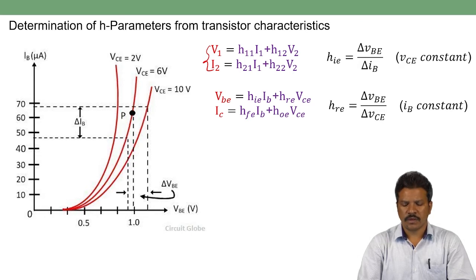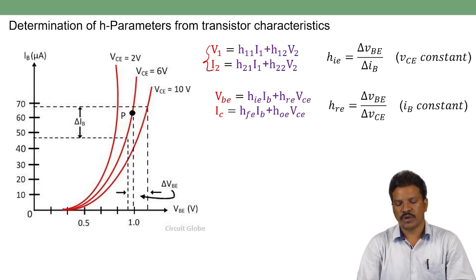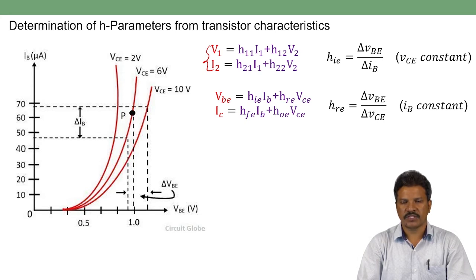Now, how to determine these H parameters like H11, H12, H21 and H22. When we come to transistor, these H parameters can be applied to transistor configurations, whether it is CE, CB, CC.